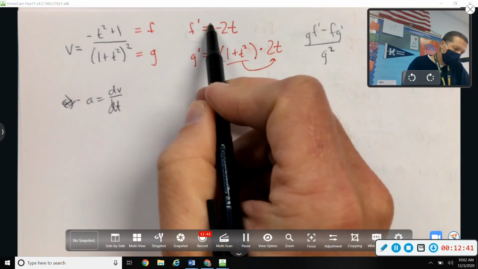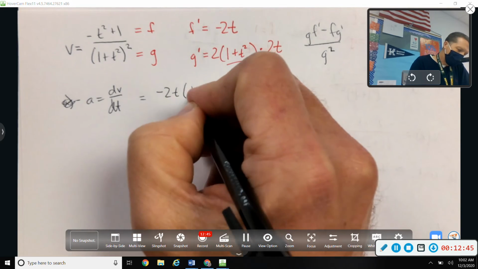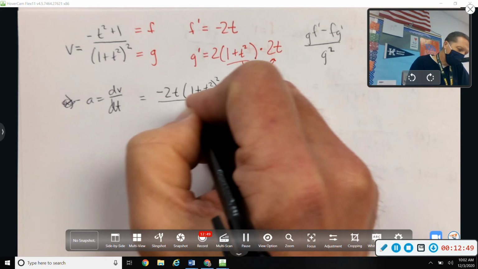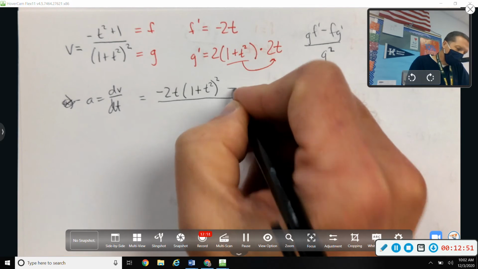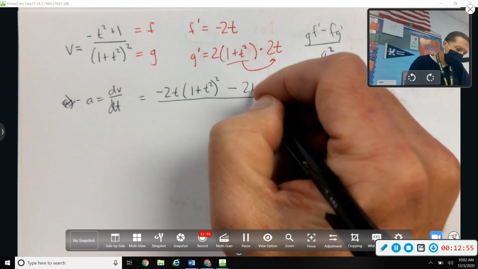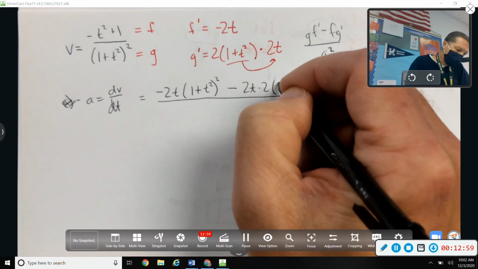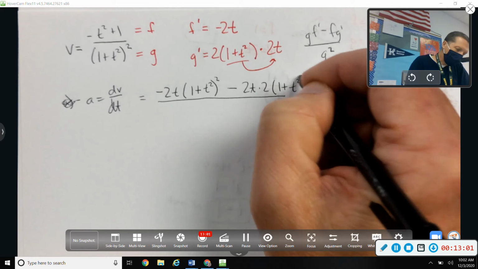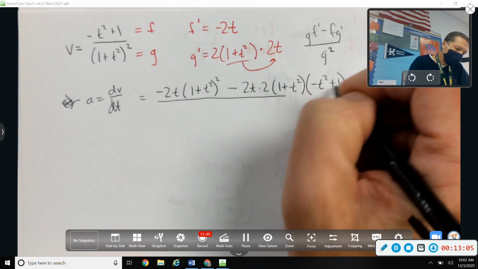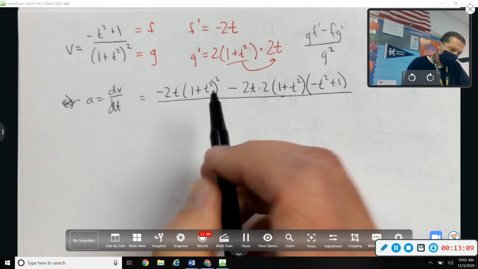gf prime, this is definitely going to be a safe stop problem, minus fg prime: 2t times 2 times 1 plus t squared times negative t squared plus 1. I think that's right.